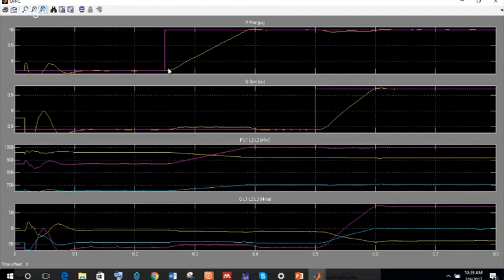So this is what the controller has done, as we have discussed: active power from the DC link was communicated to the STATCOM, and it has generated such a voltage that it will produce the required power. So these were the characteristics.